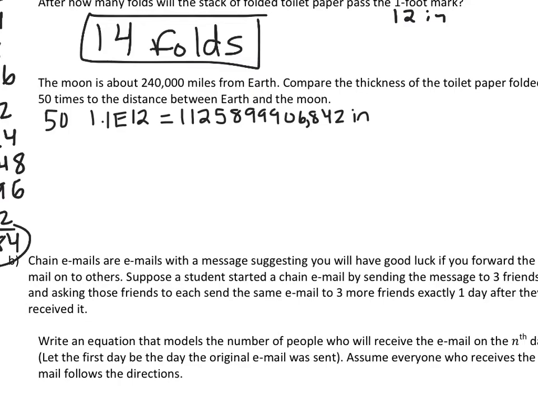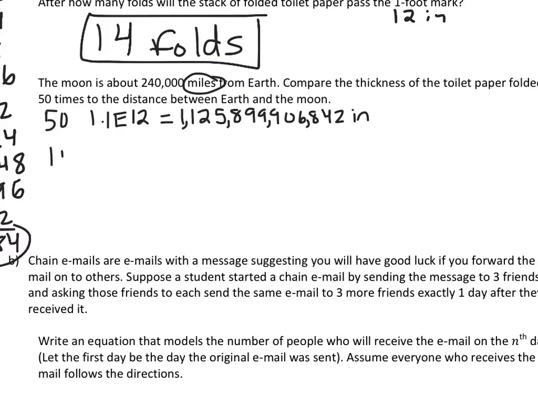What we need to do is convert this number into miles. Well, we have inches, and I know we can go from feet and then to miles. So inches to feet to miles. So we take this amount of inches, and we can divide by 12 to get the amount of feet.